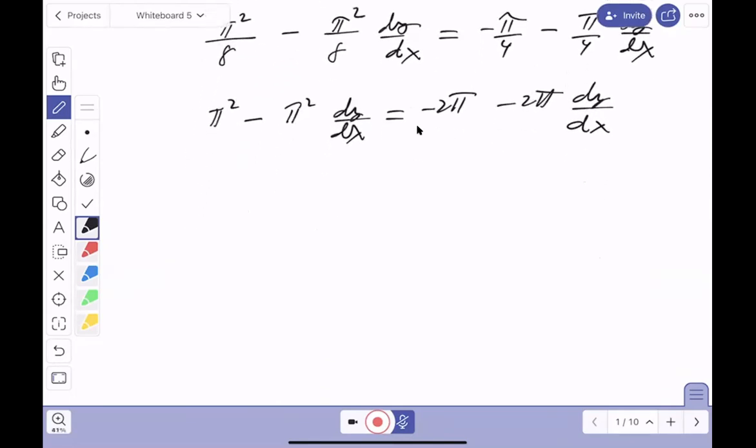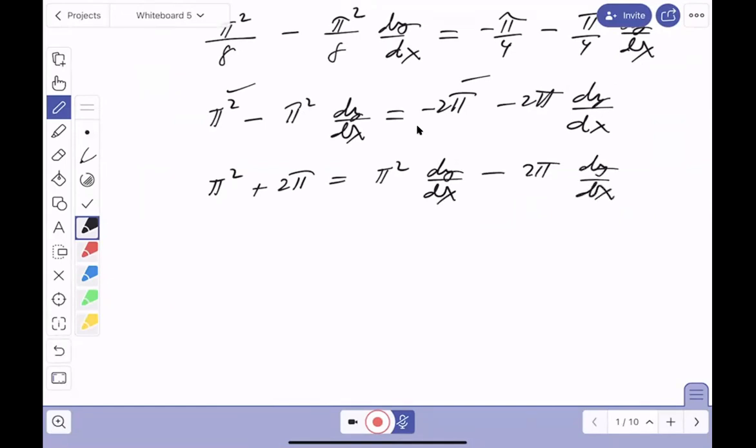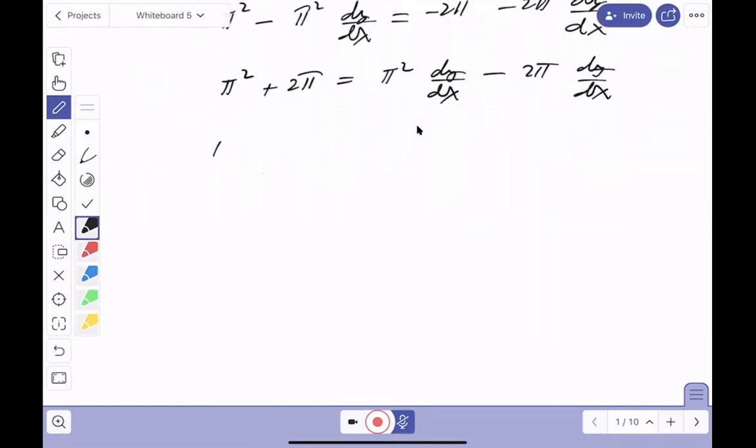No, it's not. It's going somewhere. So what are you going to do? Pi squared, let's see, plus 2 pi. I'm just taking those two terms over there. And then you can get pi squared dy dx minus 2 pi dy dx. Let's keep going.